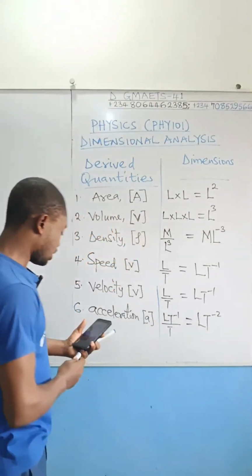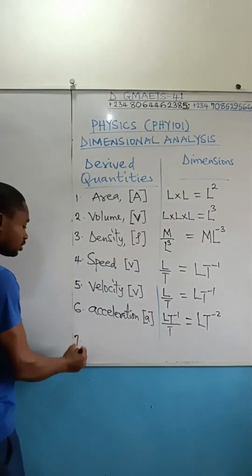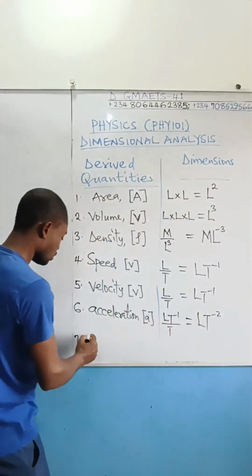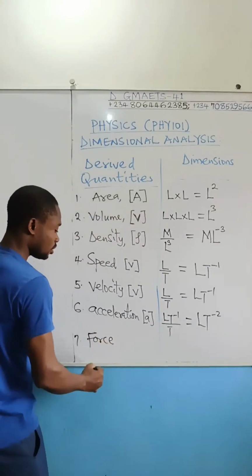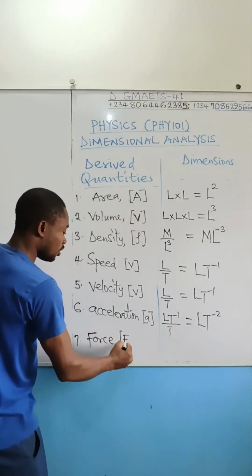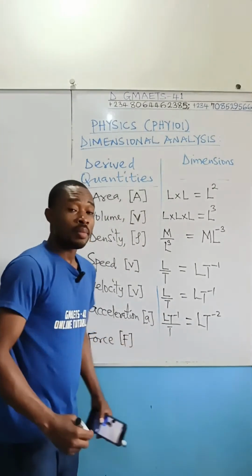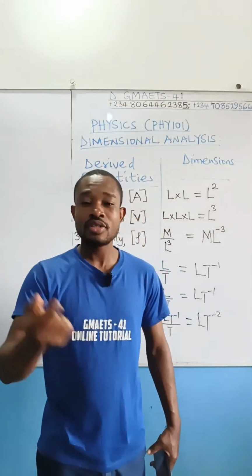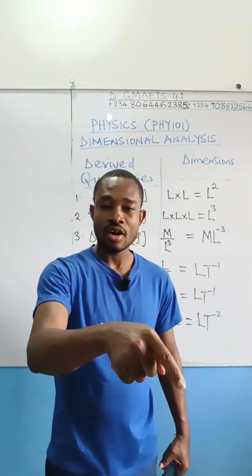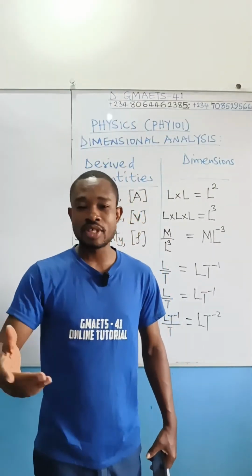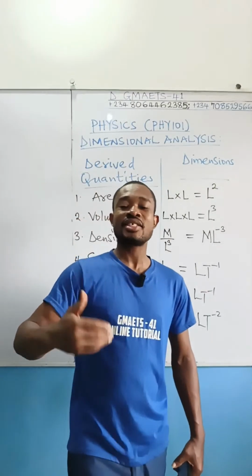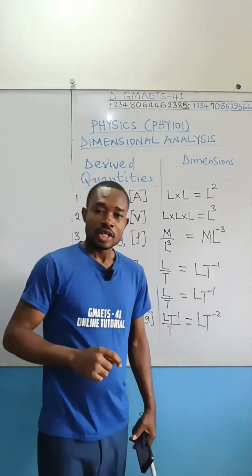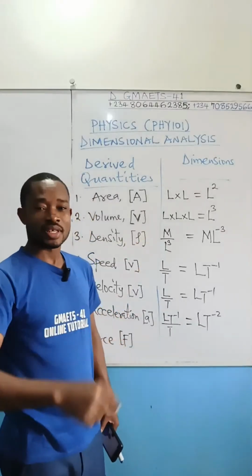Let us look at another quantity, number 7. We're going to look at the dimension of force. By definition and derivation, force is the product of the mass of a body, of an object, of a particle, and the acceleration of that object. So force is simply mass times acceleration.